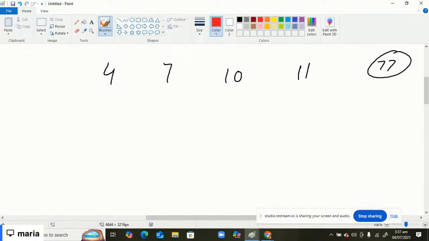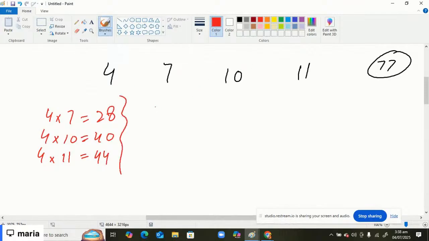First multiply 4 with all the digits, then multiply 7 with all the digits. So when you multiply 4 with 7, it is 28, 4 with 10 is 40, 4 with 11 is 44.